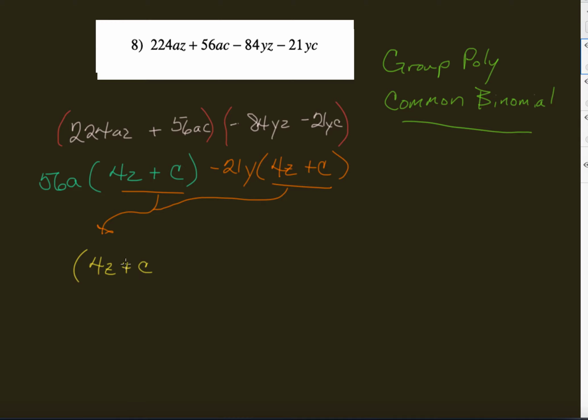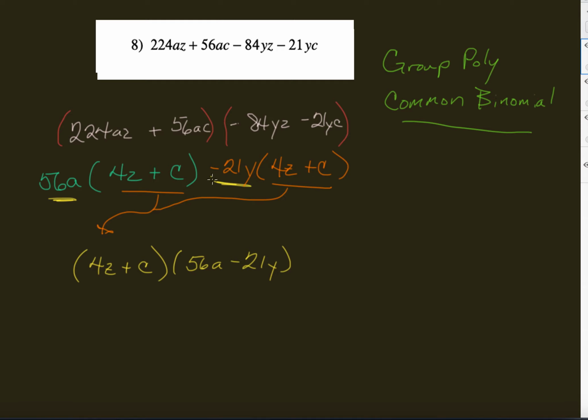It's a z, not a 2. Okay. And then what do I have left over? I have 56a and negative 21y. So we'll write that as our other binomial, 56a minus 21y. And that's it. That's how you do it.